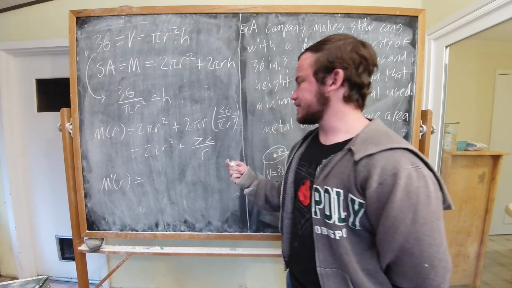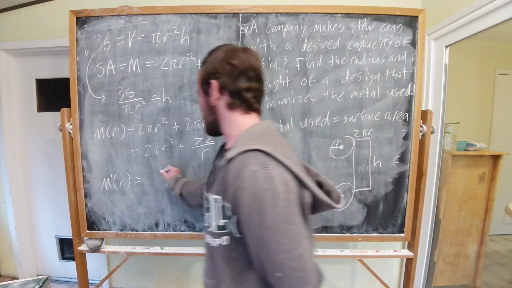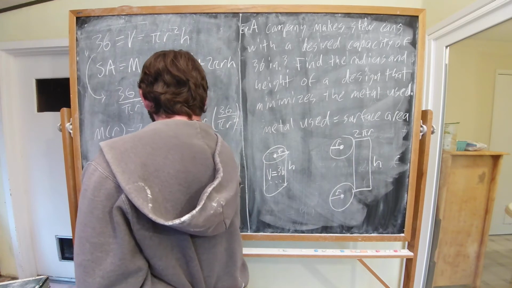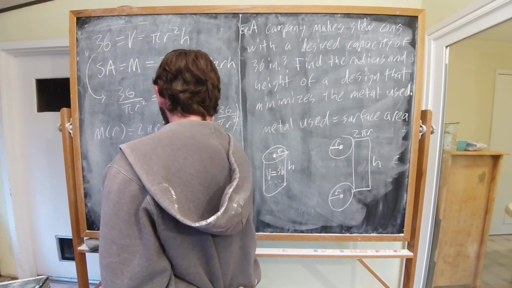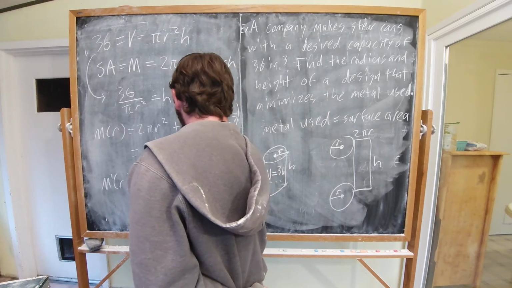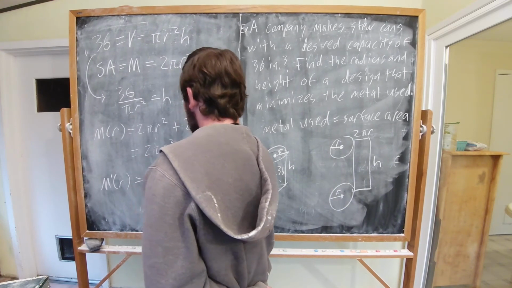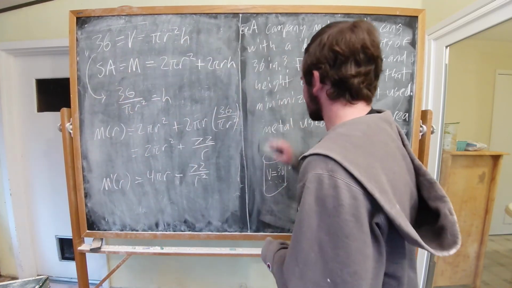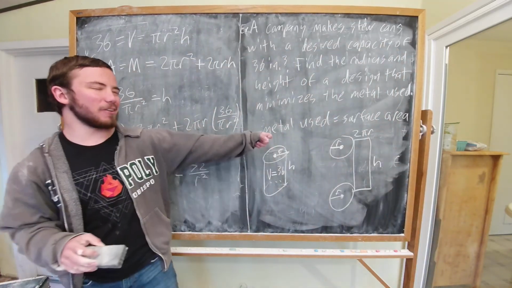M prime of r, take the derivative, will get you 4 pi r minus 72 over r squared. Alright, make sure you have everything over here down.